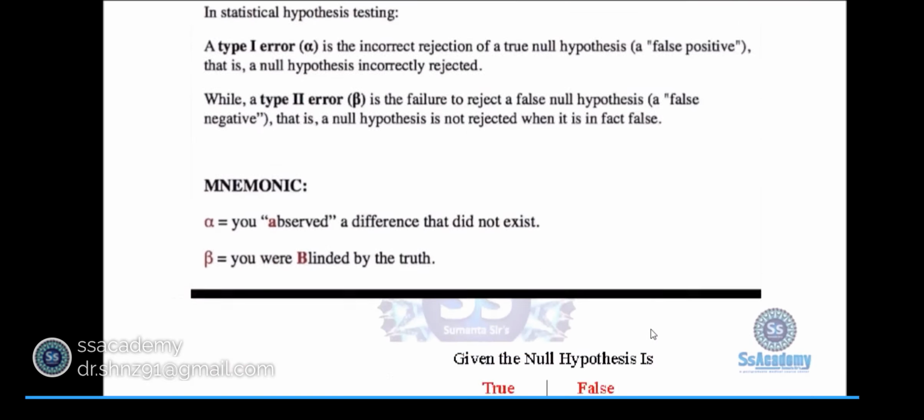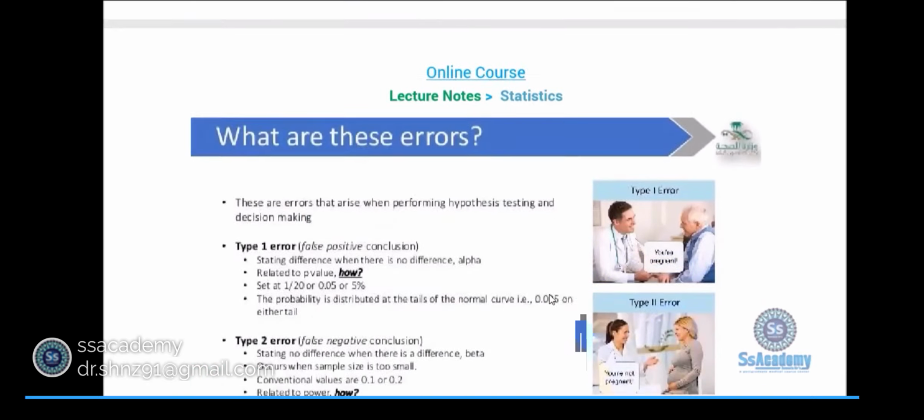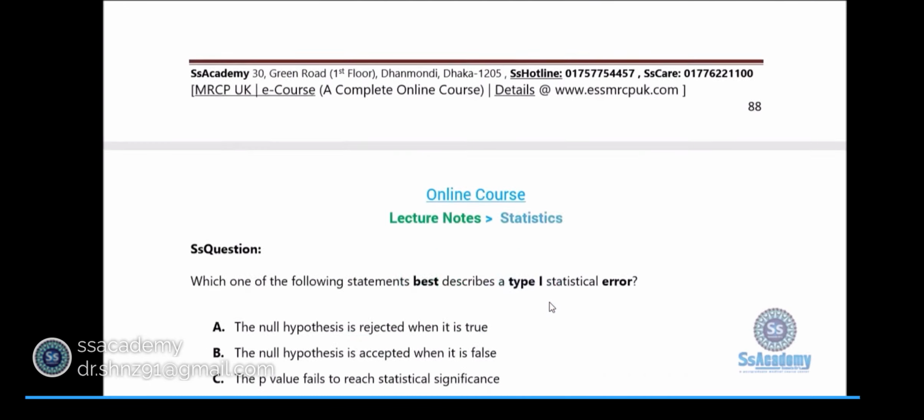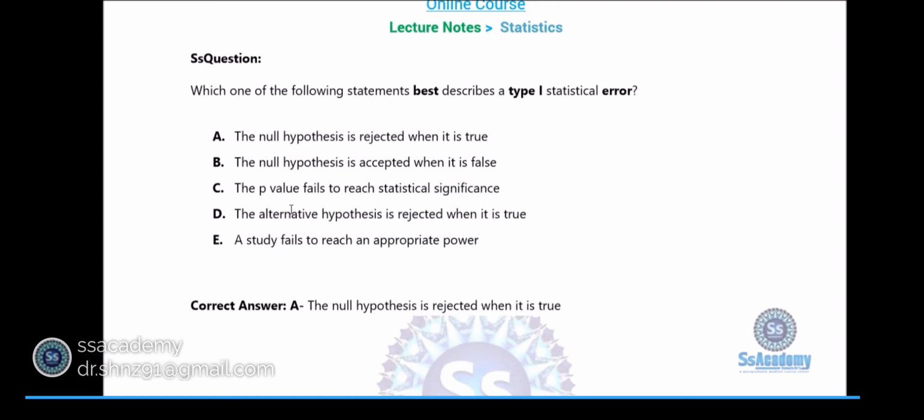So, my dear doctor, the summary box that we already got, based on that some of the questions will come up, so we can answer them very well. The treatment that best describes type 1 is the null rejected when it is true.